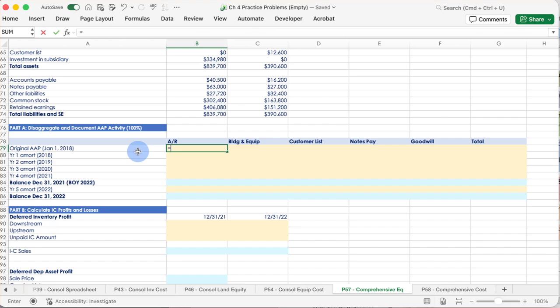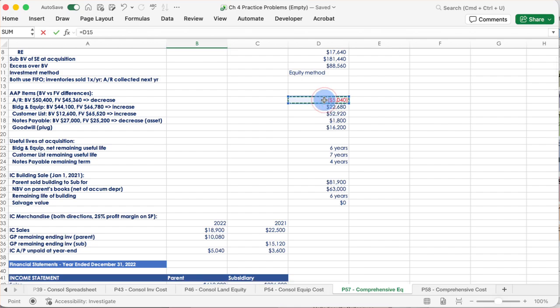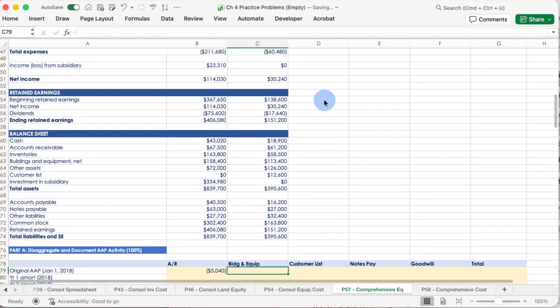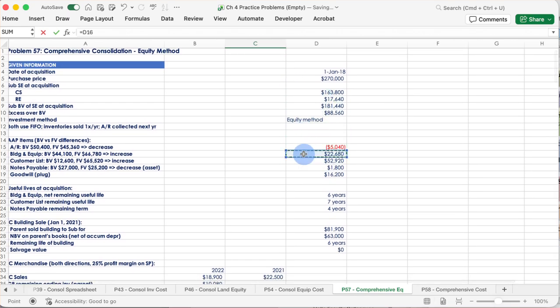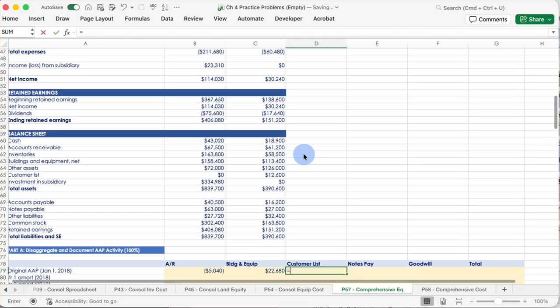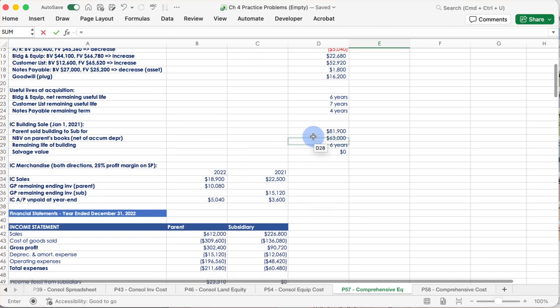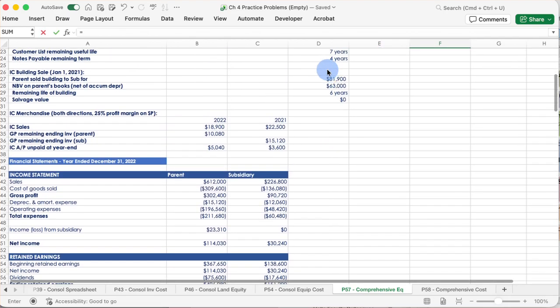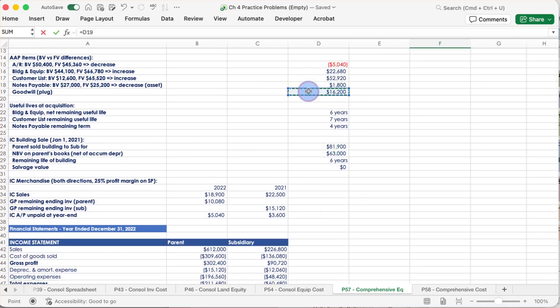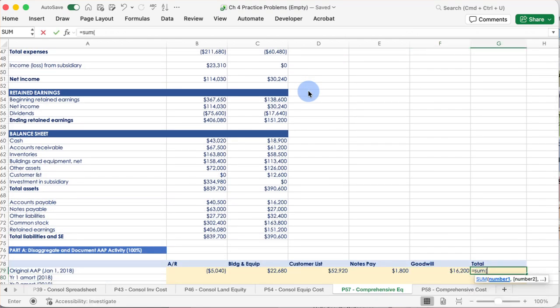We're going to cell reference this up here, and we'll grab building, our customer list, the notes payable, and also the goodwill. All right, and then we'll just do a sum over here.